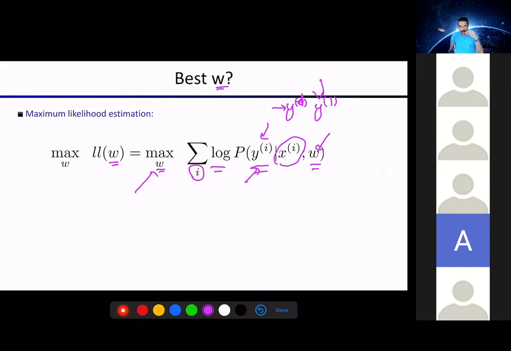So you want to maximize the conditional probability given the input and the weight, so these are given. You know the current weight, and you have selected a particular example, and this is for all xi. You want to maximize the probability of the true label given these inputs and the weights. So you want to find a set of weights, or a weight vector, to maximize this log probability, and this is how it works.